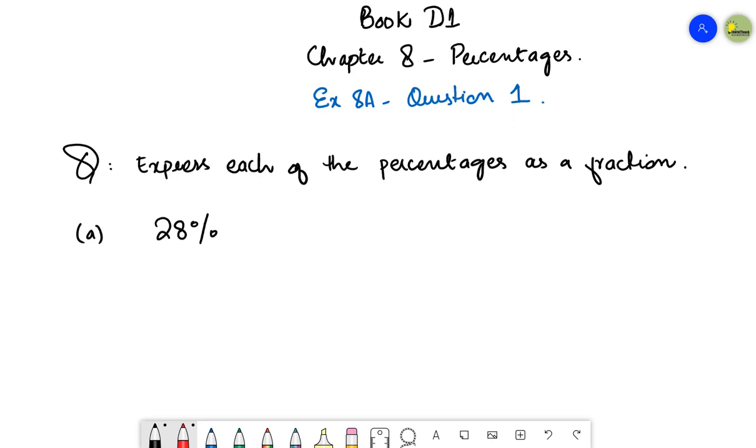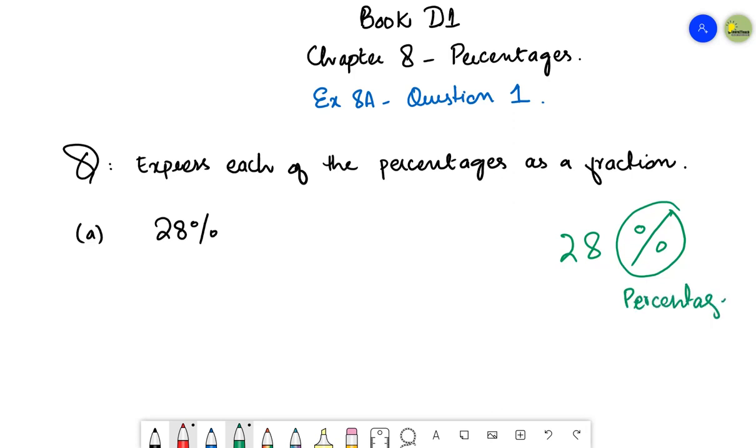The question says: express each of the following percentages as a fraction. It means that in this question you are given percentages. Why? Because we know that whenever a number has this symbol, it represents a percentage.